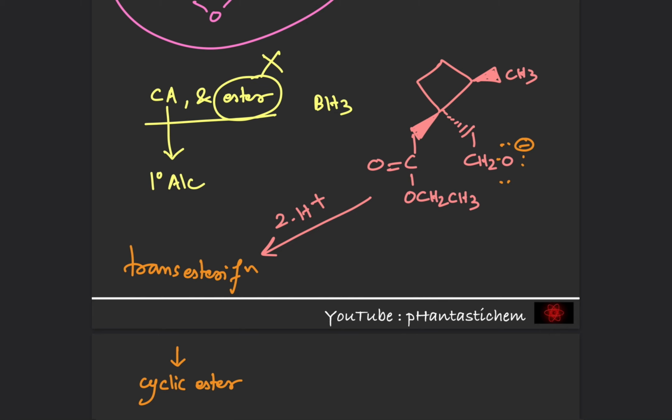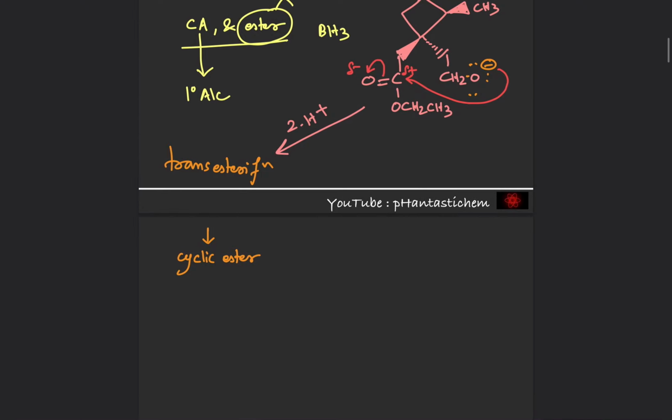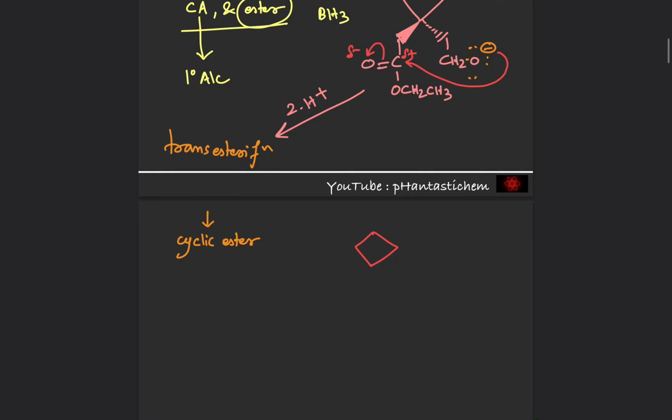Okay, then this oxygen will go and attack this carbon, which will bear a positive charge, and this oxygen will take away these electron pairs to form a lone pair. Okay, so we will get CH3, C O, and since this oxygen has taken these electrons, it will have 3 lone pairs now.